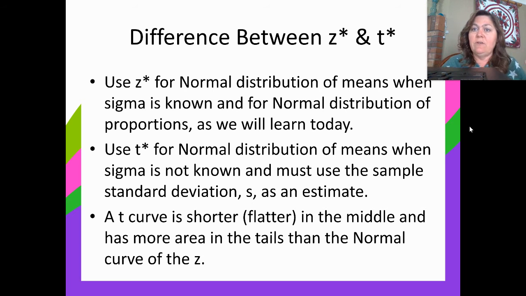I kind of use it as an example of like someone's pushing down on the top of the normal curve, so it makes it flatter here, but when you do that, it squishes more into the tails. So you have fatter tails, a flatter center, and more in the tails, whereas a normal curve would have a higher mound and less in the tails.